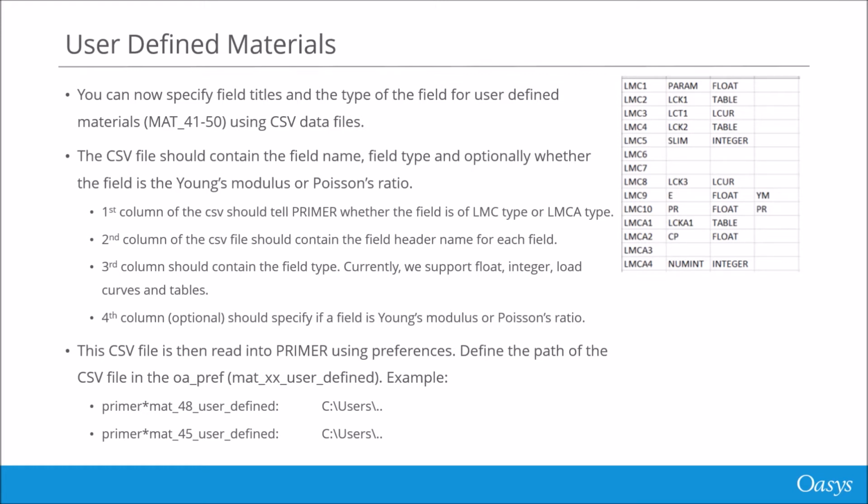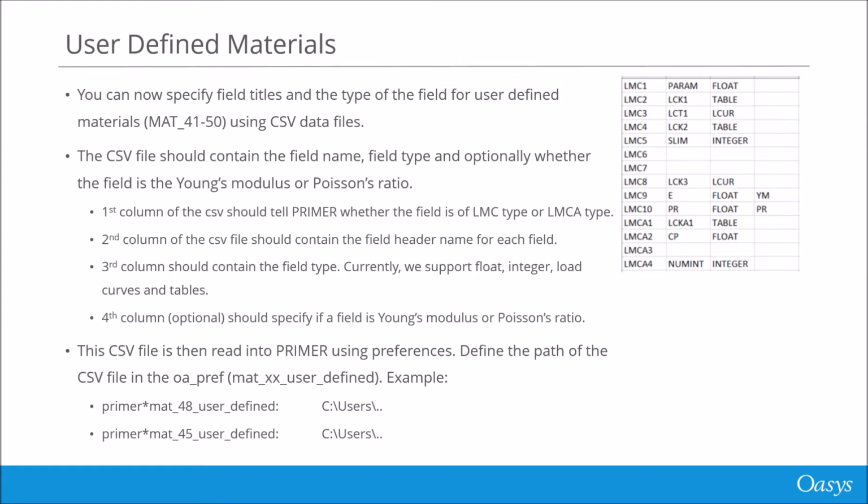The second column is the name that you want to give it according to the subroutine. And in the third column is the type of data that's in there, whether it's a float, an integer, maybe a load curve or a table. The fourth column is a particular one if you want to specify which fields are Young's modulus and Poisson's ratio.